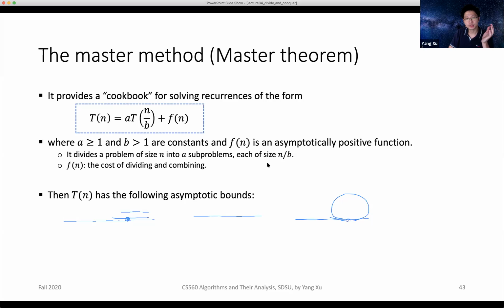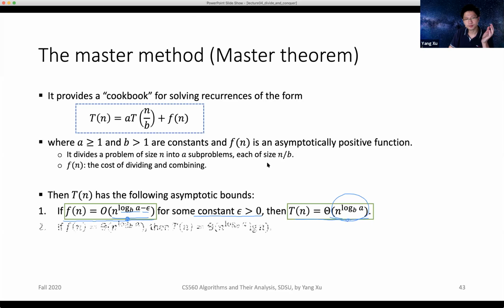The second condition says if f of n has a tight bound of this polynomial term.